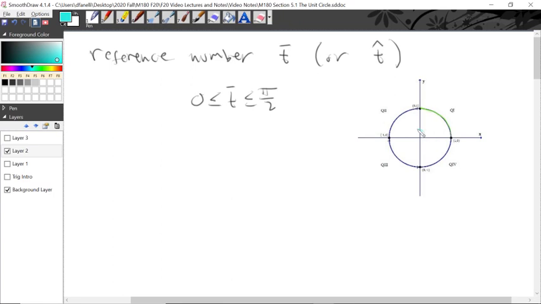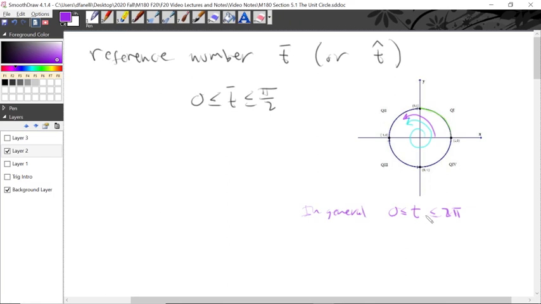Say, for example, if we had a value of t that caused us to rotate through a full rotation and then back again, there would be some other coterminal value of t that would have a measure between 0 and 2 pi. So here, in purple, I would have a value of t that in general is between 0 and 2 pi. And since I'm in quadrant 2 here, this value of t would be between pi over 2 and pi.